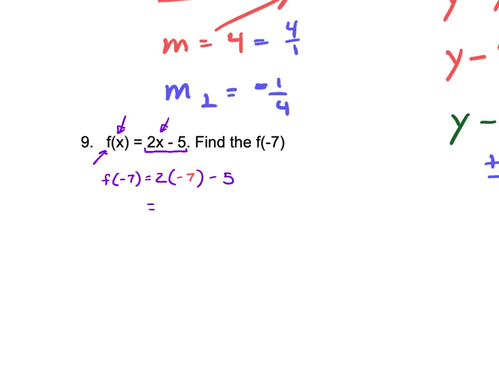Now we only work on the right side. 2 times negative 7 is negative 14 minus 5, negative 19. So we can say the f of negative 7 is negative 19. Only work on this right-hand side. Never touch that left-hand side. Once you've written what you're asking for, you just do that work. And that's it for Review Guide 1.